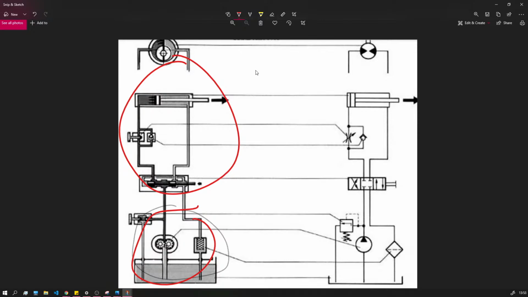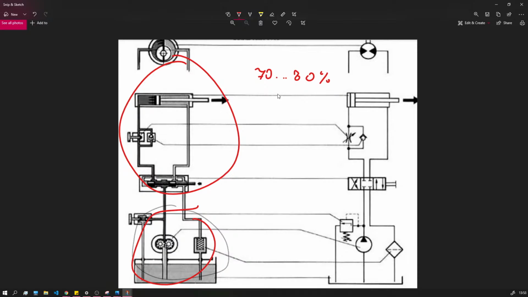The efficiency itself is, let's say, starting from 70% going up to 80%, somewhere there. It may be lower, maybe higher. The general region is somewhere there.